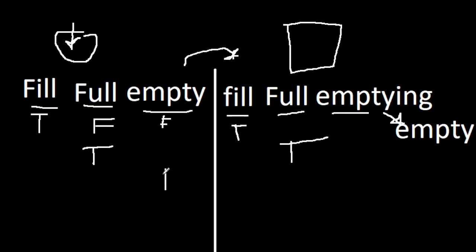And when it is empty, you could say that it is emptying or it is empty. Both of these can possibly be true at the same time as while it's filling, it could also be still emptying in this model. But that's a rare case, and we'll get into that.